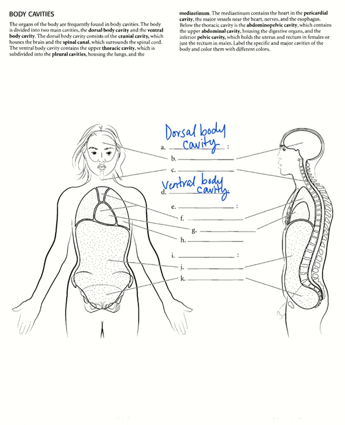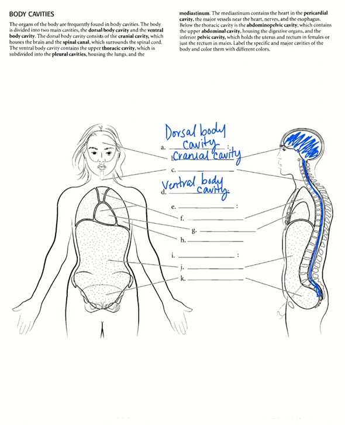So if we look at dorsal, which we can really see in the lateral view, this whole region is dorsal. The top part, the cavity that's created by the skull, is the cranial cavity.